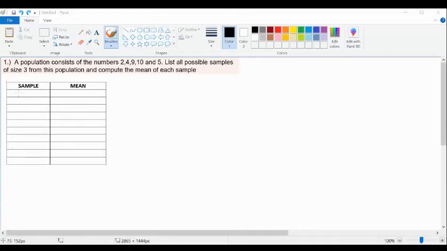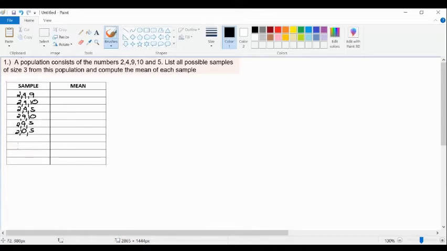Okay, so we have a possible outcome of 2, 4, and 9. We have 2, 4, 10; 2, 4, 5. We also have 2, 9, 10; 2, 9, 5; and 2, 10, 5.